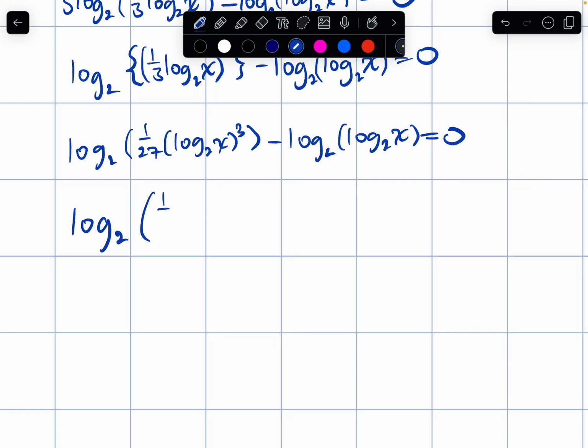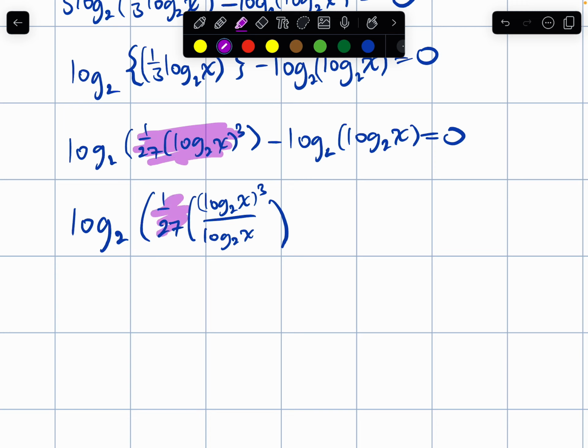So we get 1 on 27 log 2x cubed over log 2x. Alright? So this comes from here, and then this goes underneath.